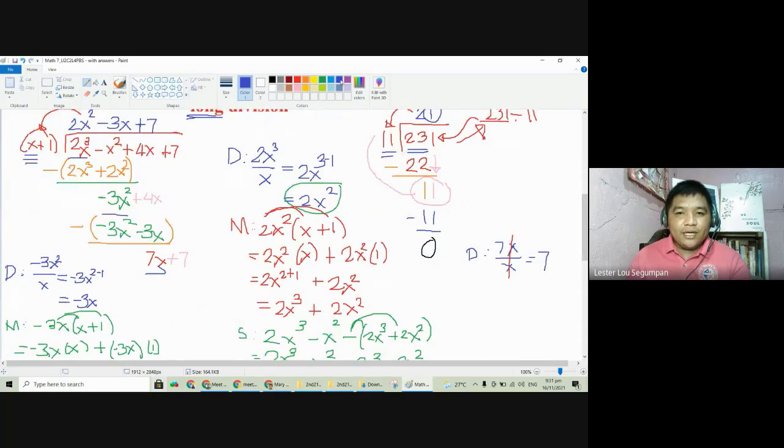Now for the third product, let me use again the red as this is supposedly the color for multiplication. Multiply the third quotient to the divisor. 7 times x plus 1. Distribute. You have 7 times x plus 7 times 1.